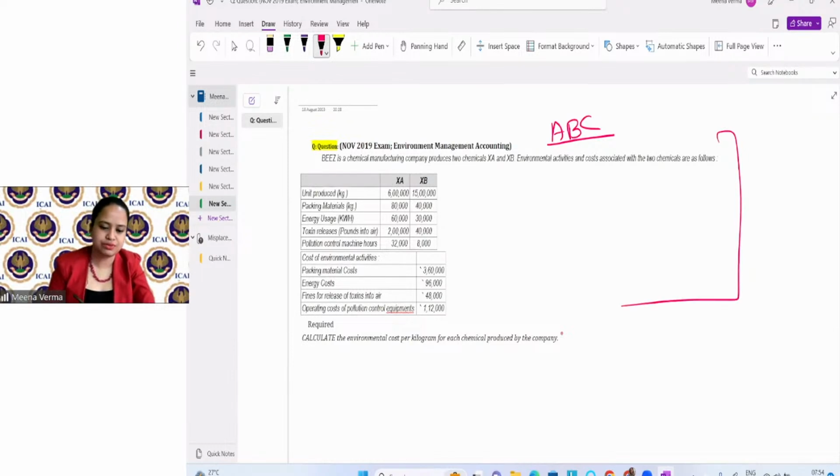Read this question, take 1 or 2 minutes to read it, and then we will discuss it.